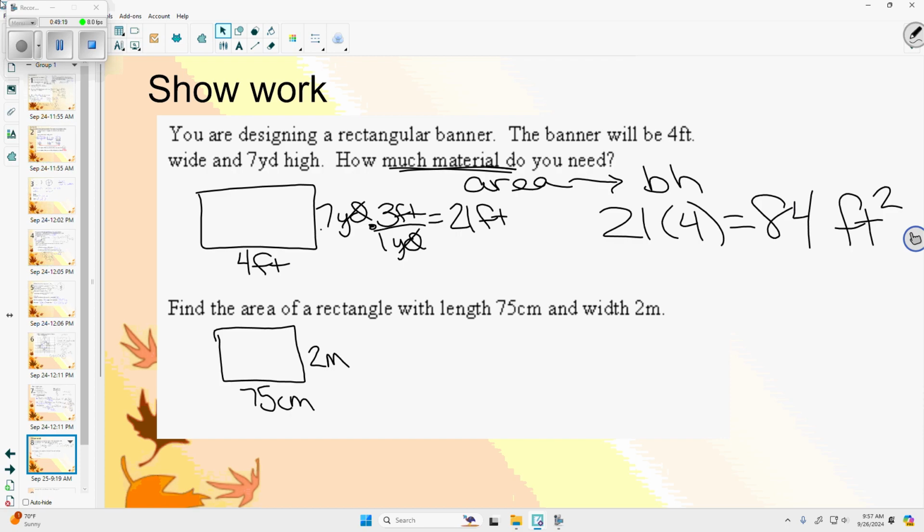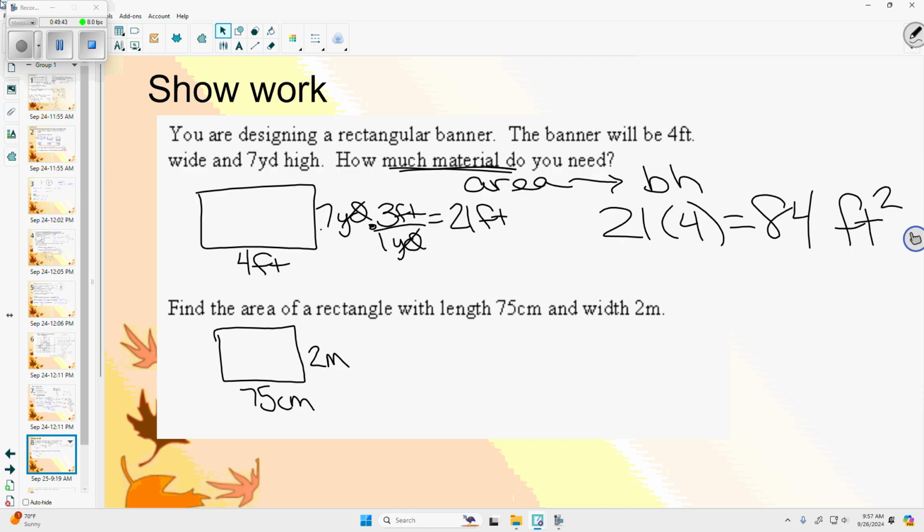If people are sitting there wondering which one to convert, which one should we change? The largest one. So the 75? No, the largest one what? Unit. So the meters is the bigger unit. That's the one you need to change.